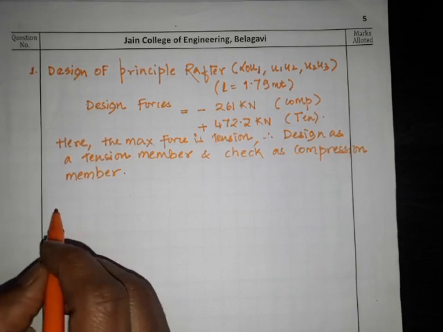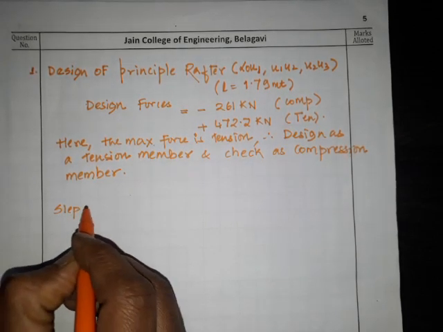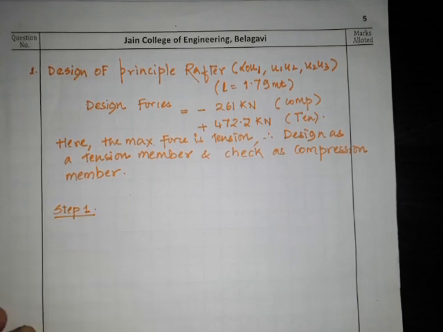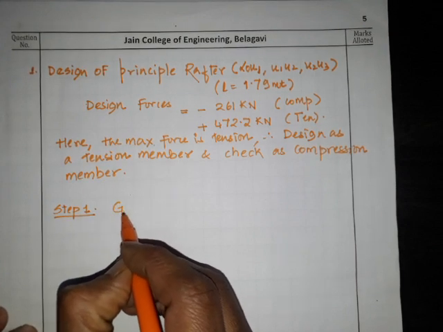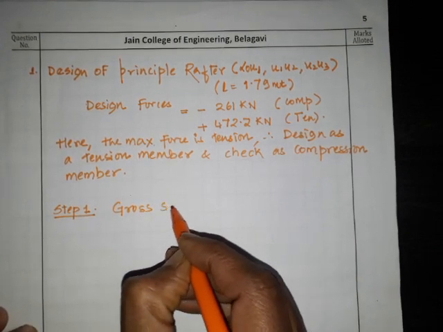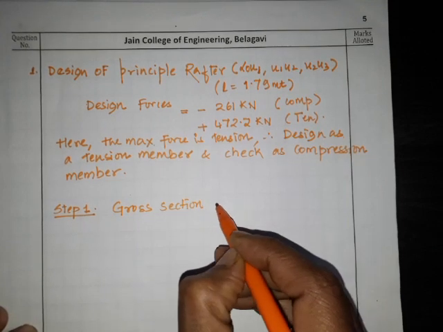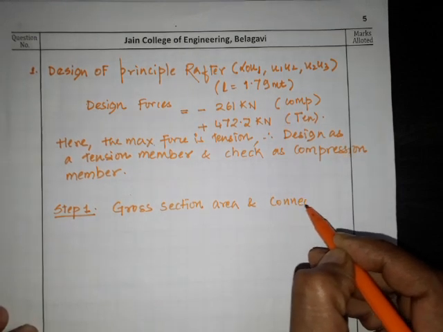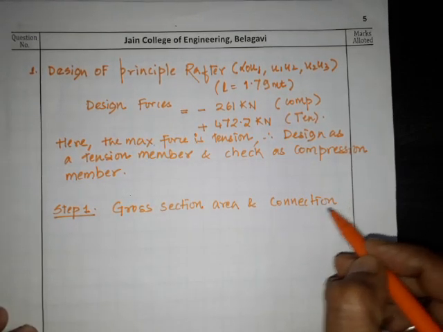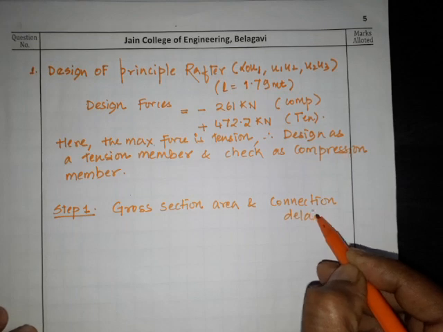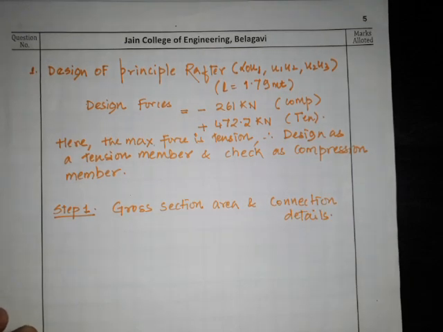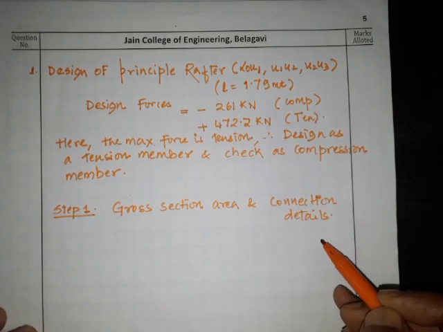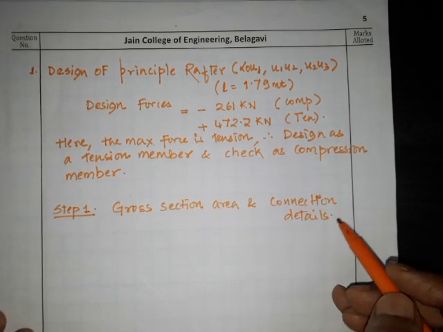So what is step 1 for design? Step 1 is cross section area and connection details. First of all you have to find out what is the cross section area required, and for that cross section area you have to find out the connection details.